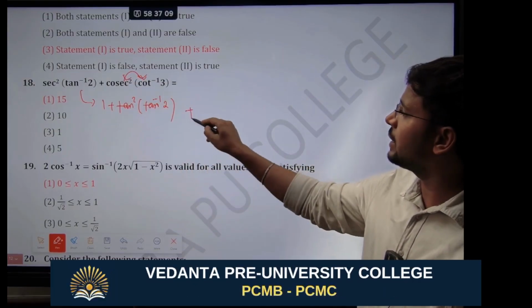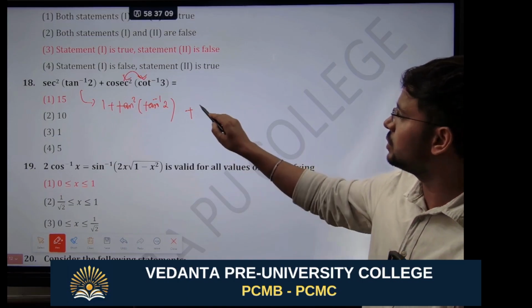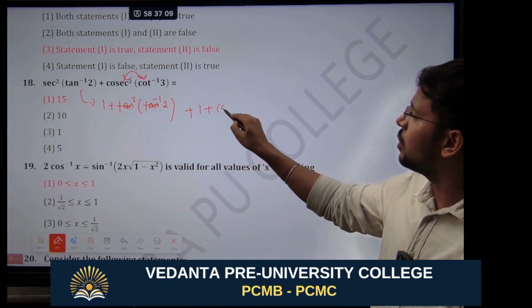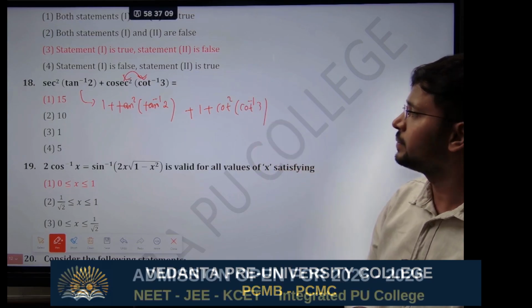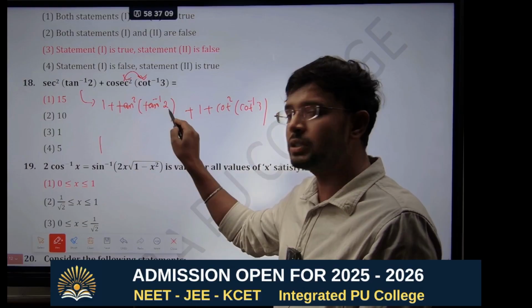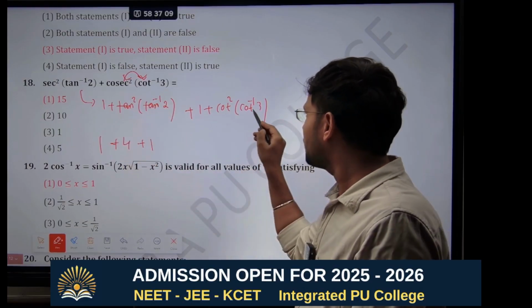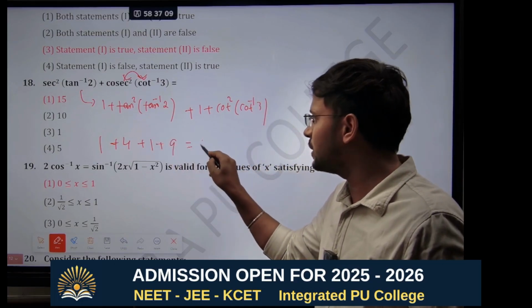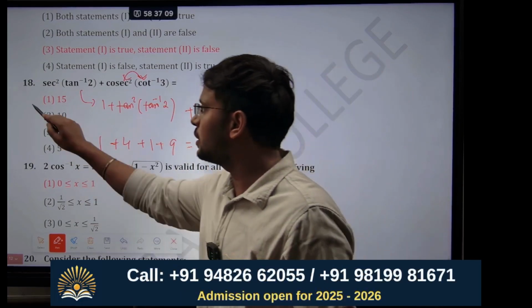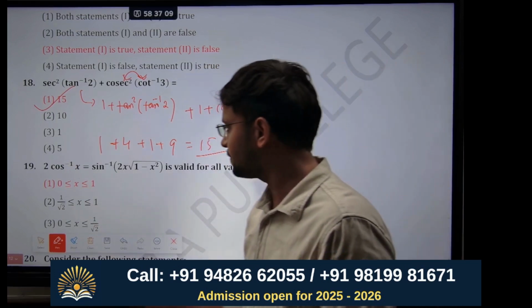So what I will do is use the identity cosec square x minus cot square x, so this is going to be 1 plus cot square of cot inverse 3. Now this is 1. Tan of tan inverse 2 is 2. 2 square is 4. This is 1. Cot of cot inverse 3 is 3. 3 square is 9. So if you sum it, this will come 15. Option number 1. Understood?